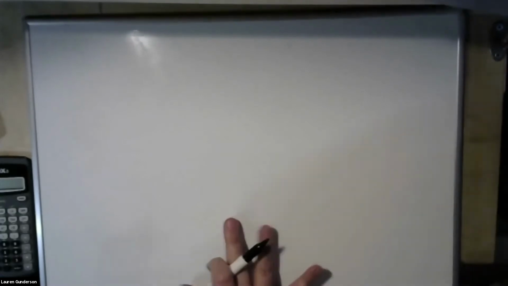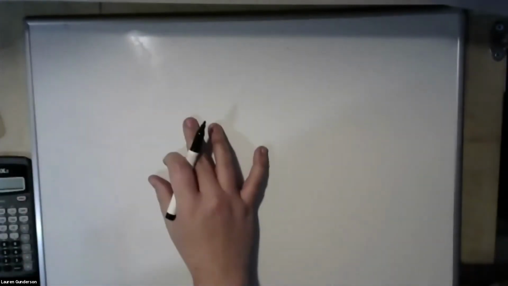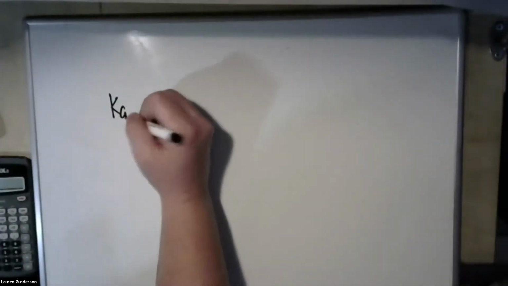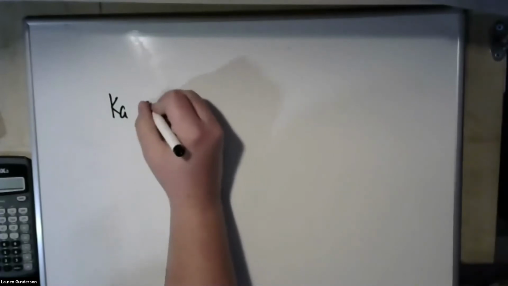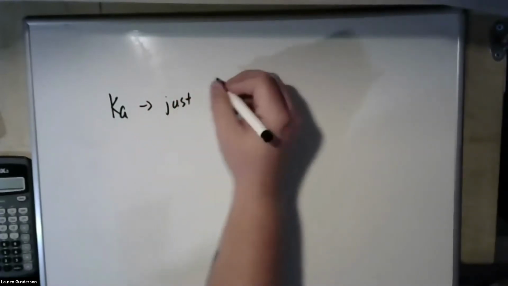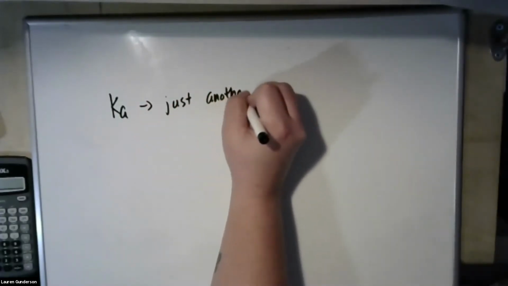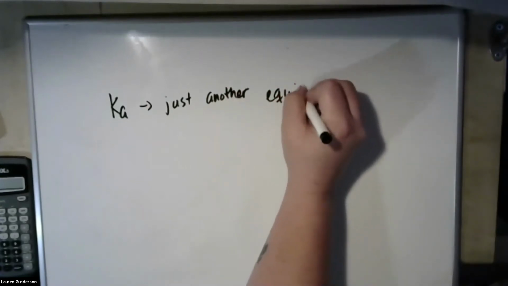All weak acids have these Ka values that are associated with them, okay? And I think this is the thing that maybe gets overlooked in the transition from the last chapter we looked at to this one, is that Ka values are just another equilibrium constant. Right? And we're going to treat them the same way.